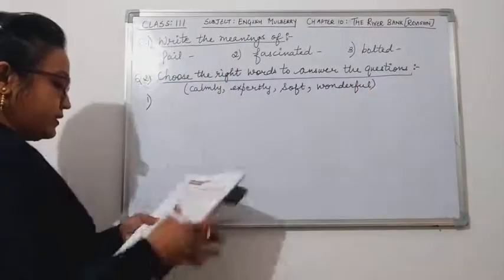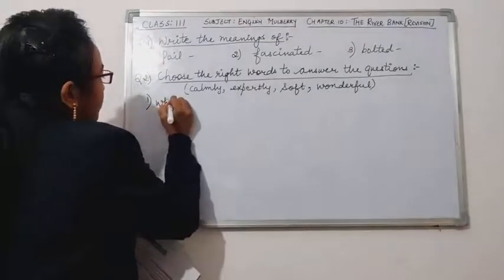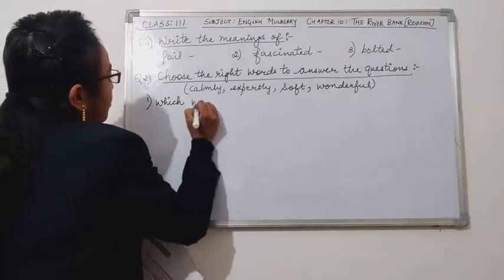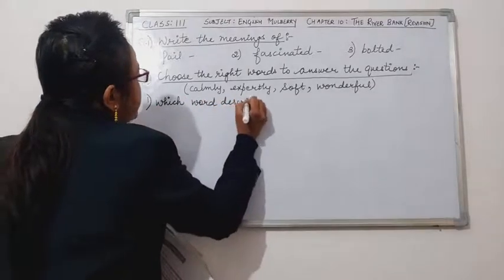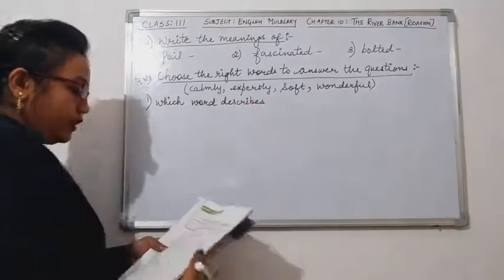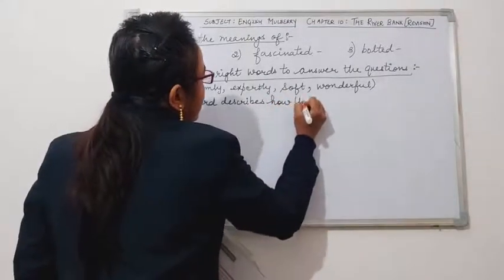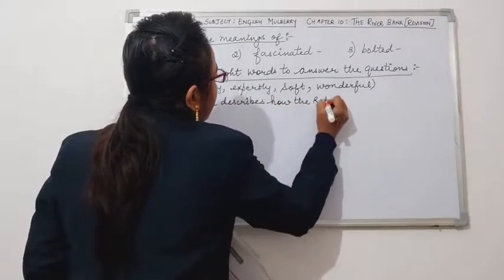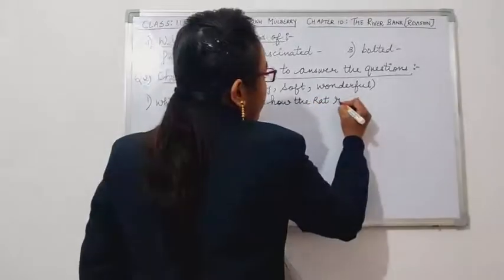First question is, which word describes how the rat rode across the river?